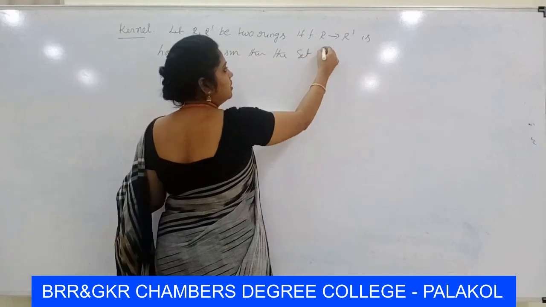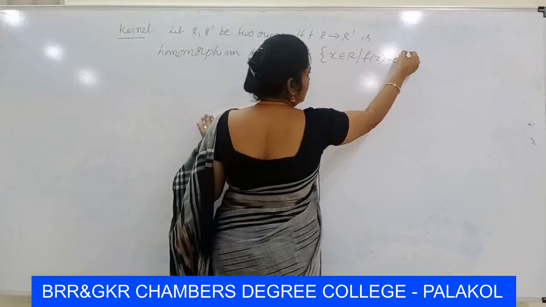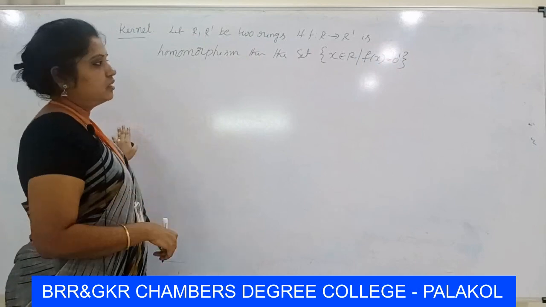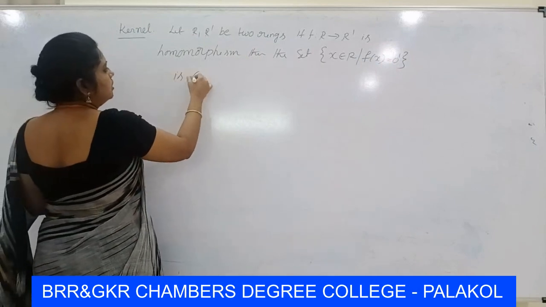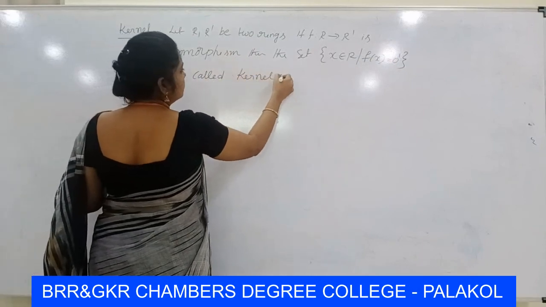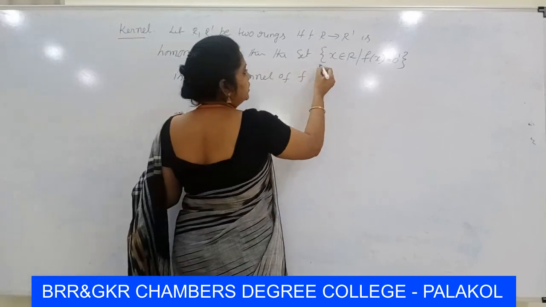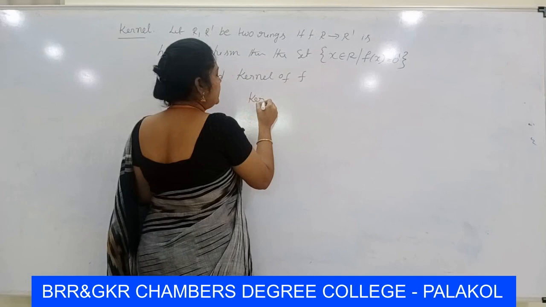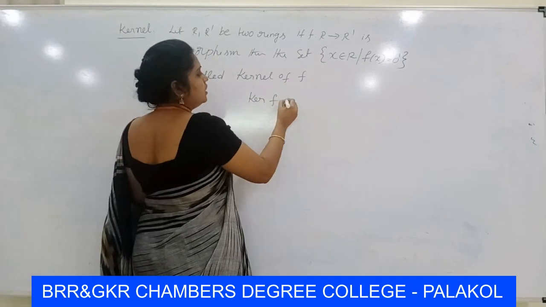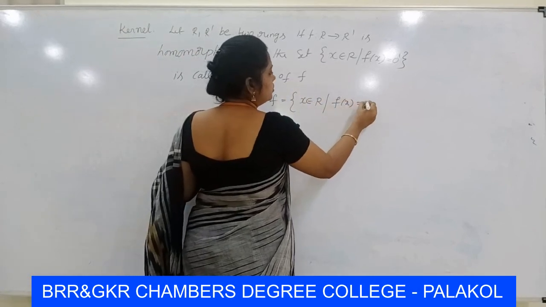which contains x belongs to R such that f of x equals 0 dash, where 0 dash is the zero element of the ring R dash, is called the kernel of F. This can be written simply as ker F, but we read it as kernel F, which contains elements x belongs to R such that f of x equals 0 dash.